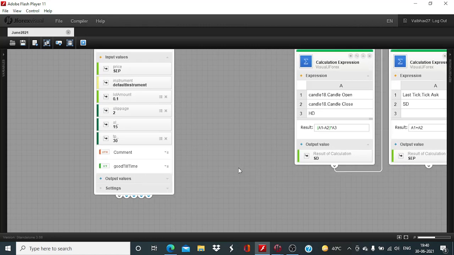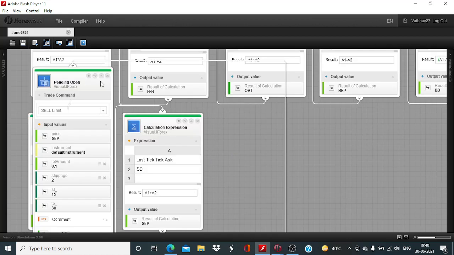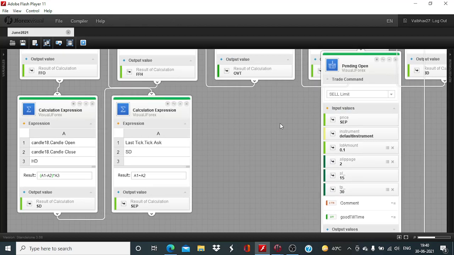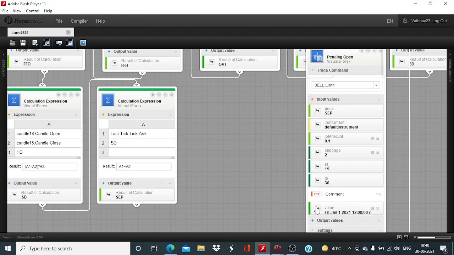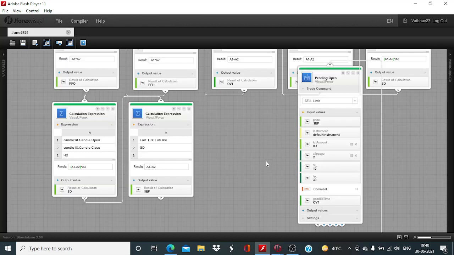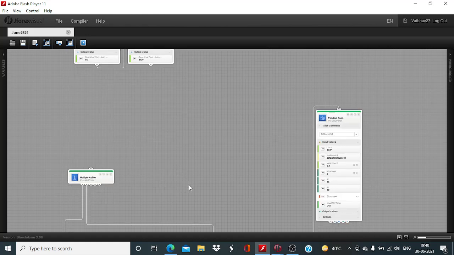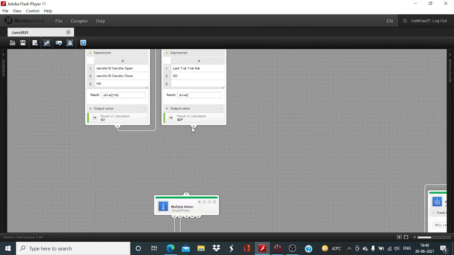Good till time, order validity is going to be 1 hour, which we have already defined. So in this case, I will take OVT, which we also used while defining the parameters for the buy side. Now let us join it.